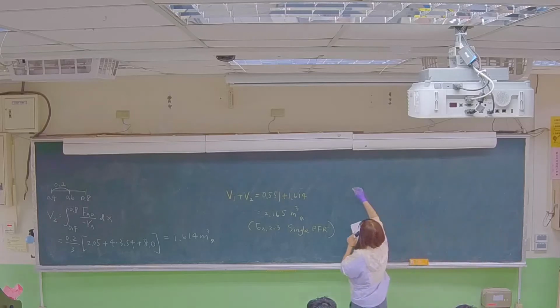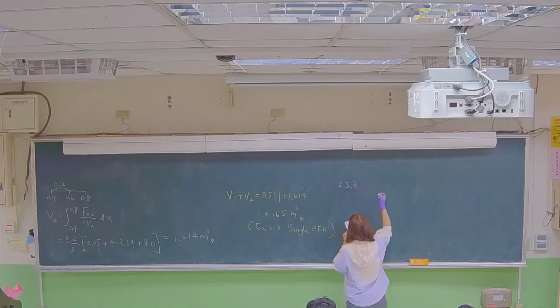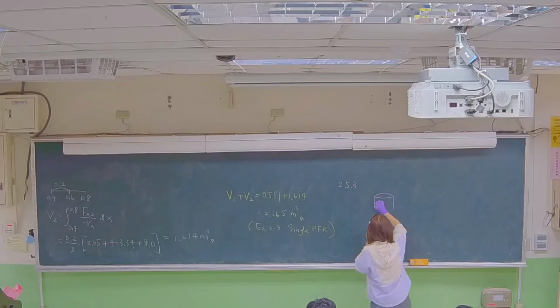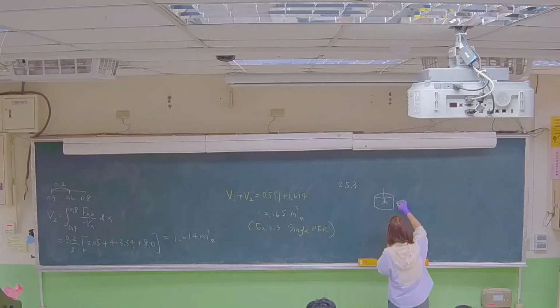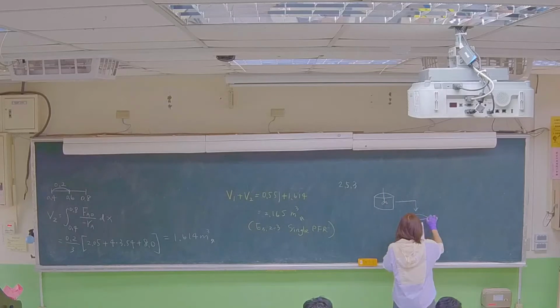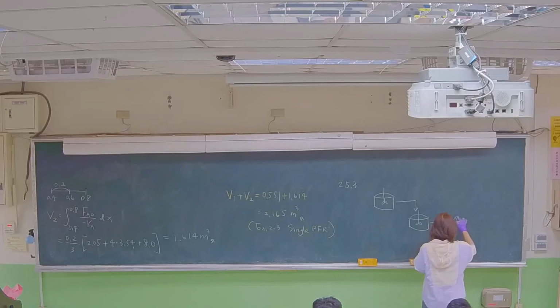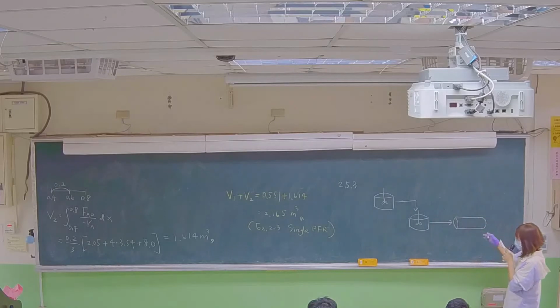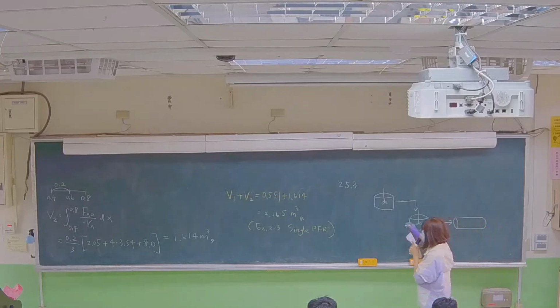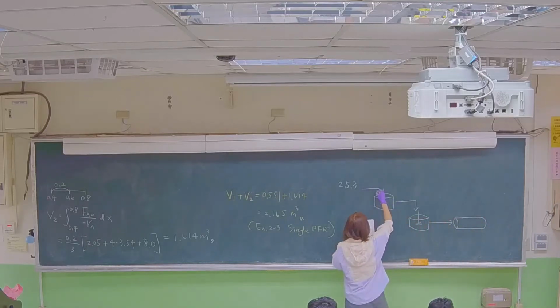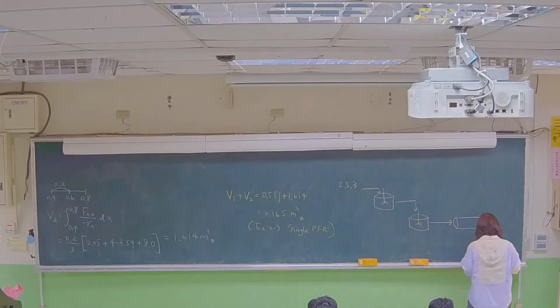For example, 3 reactors, CSTR and PFR. Again, let's write down the molar flow rate.